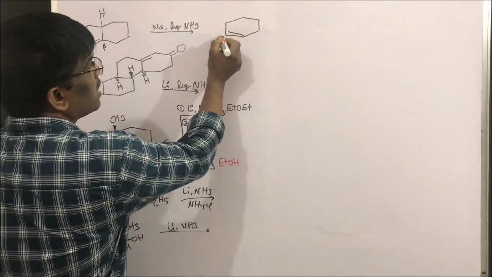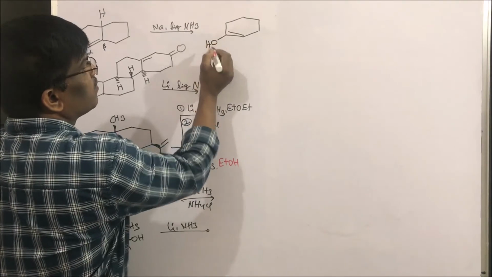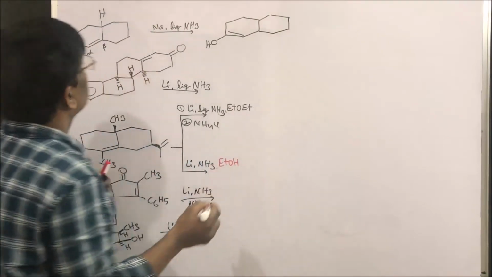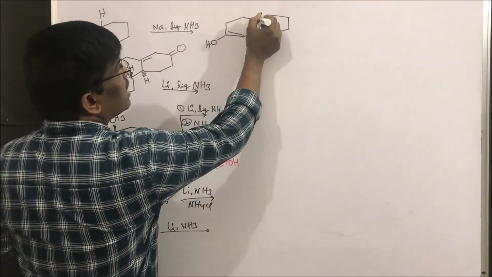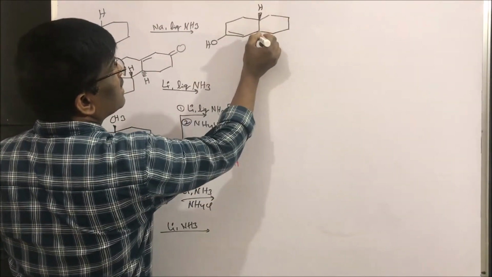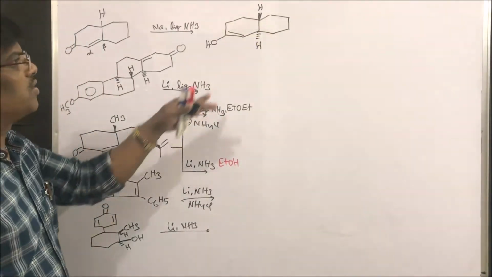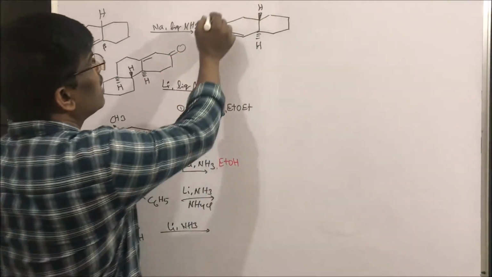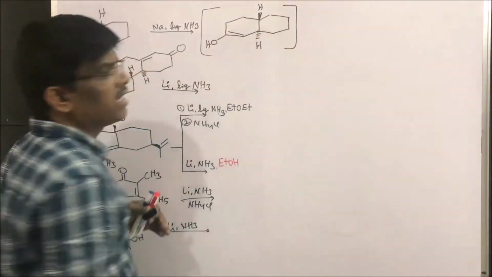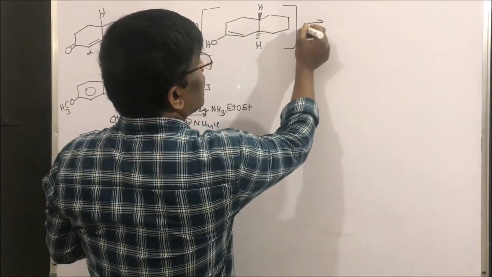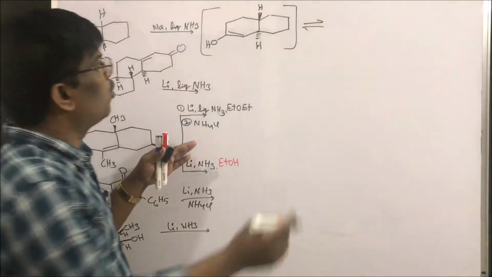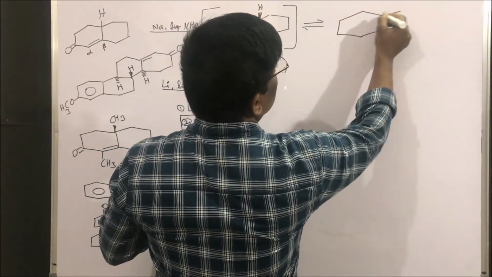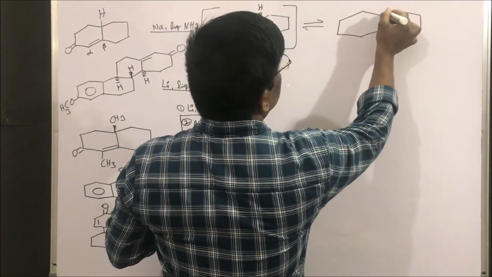So double bond comes here, 1,4 addition takes place. For your understanding, I am writing the intermediate also. Yes. So this hydrogen, if it is like this, it is going to be added trans to this hydrogen. So enol is nothing but enol. Yes, so enol is more stabilized like this. So enols are stabilized as ketones, isn't it?